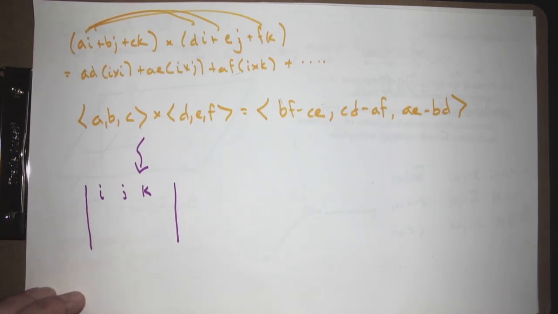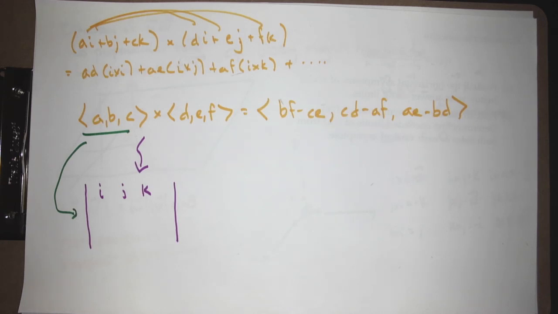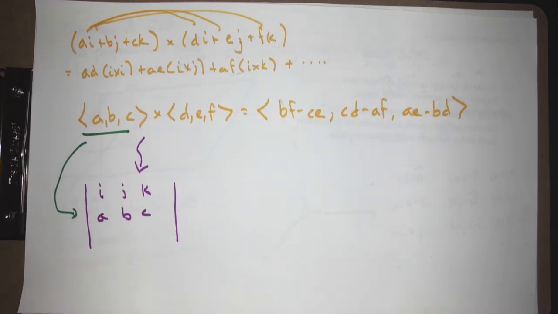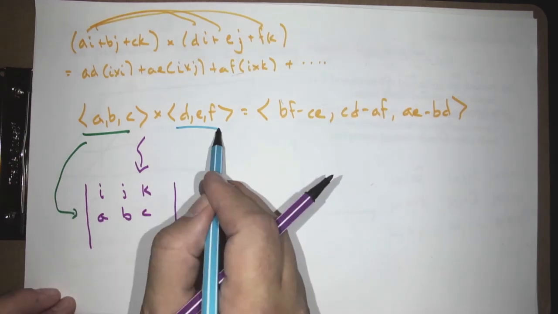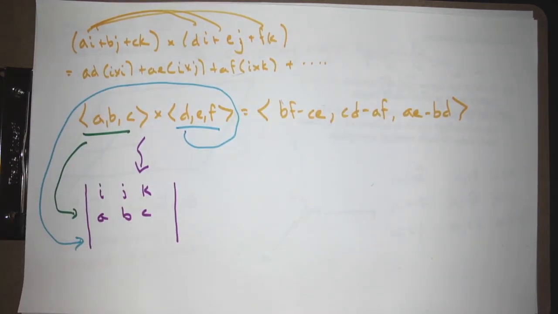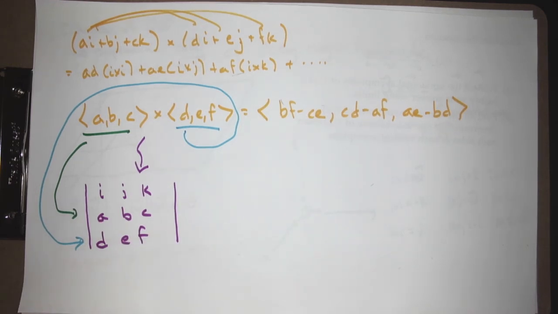Row number 2 is your first vector. And you just write it down. a, b, c. And then the last row is your d, e, f. So you fill in the matrix. All right. Now, my claim is we're halfway there.